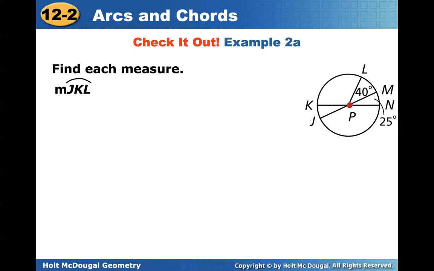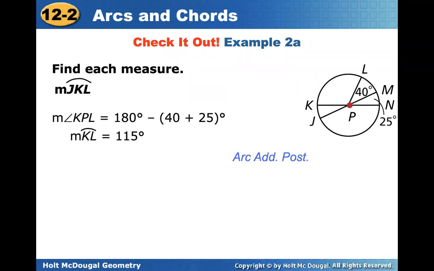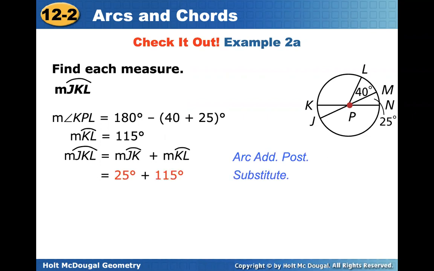So this has to be the difference of 180 minus 65, technically, or 25 plus 40. So that angle is 115. So 115 plus 25 is 140 degrees. So the measure of arc JKL is 140 degrees.